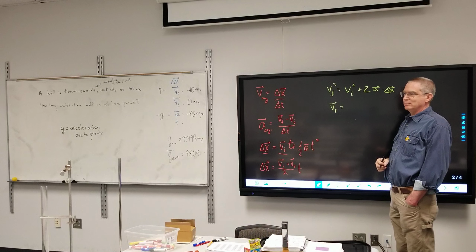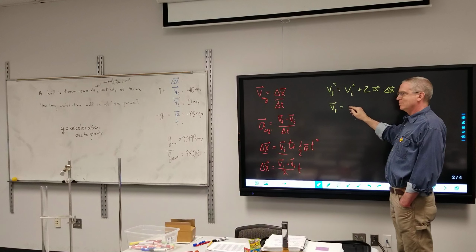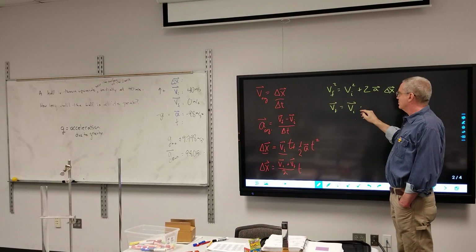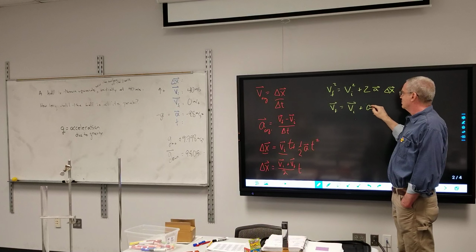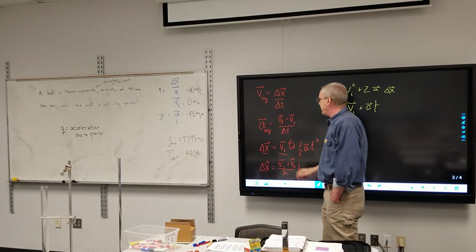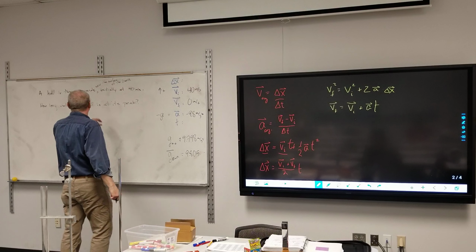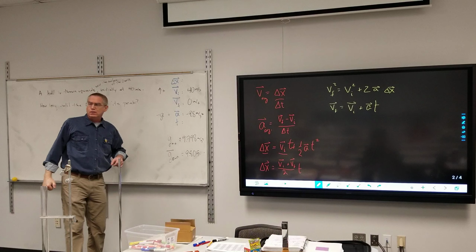It was the first one. Final velocity equals initial velocity plus acceleration times time. There we go. All right, so we got our 4 kinematic formulas, and then we have some additional ones right here. All right, so we are trying to find how long.